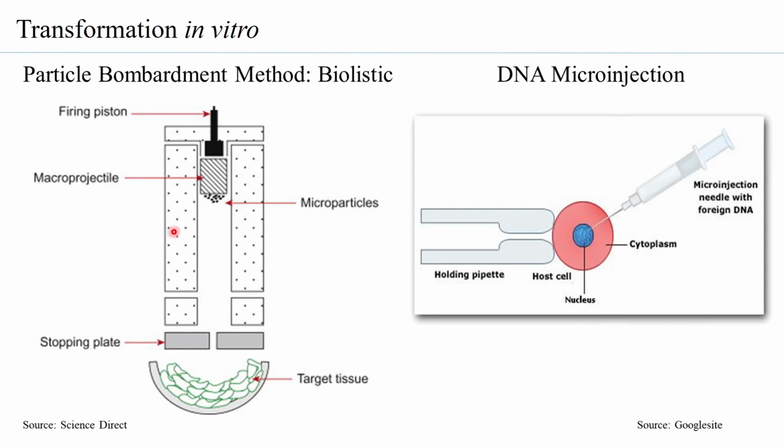In the particle bombardment method, which is also called the particle gun method, you can see that here this is a simulated firing piston. So this acts as a gun, and this over here is the bullet, or what is called a macroprojectile.